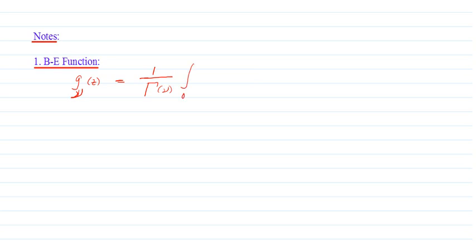There are several ways in which it can be expanded; this is one standard way. You need not memorize all these functions, but only for your knowledge, I'm telling you this. This is the definition, or the expansion, of the so-called Bose-Einstein function.